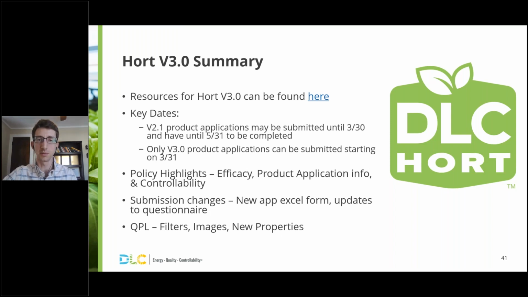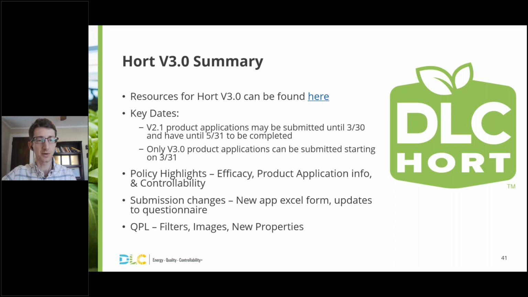We went over some of the policy changes, such as the efficacy, the product application info, and the new controllability requirements. Then we went through the submission changes. So we talked about the new application Excel form, how it's not compatible between the two technical requirements, the updates on the first tab, reported performance table, and then the new tab for controllability, where you specify the capabilities from a control standpoint on the products.